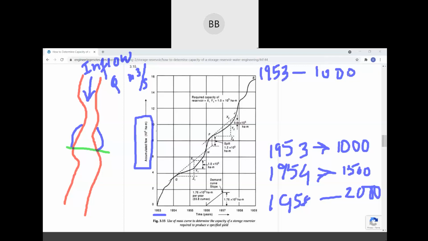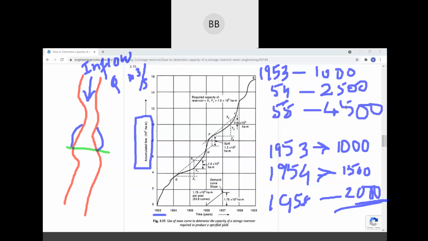In 1954 we have to add 1000 plus 1500, so 2500. In 55 it will be again 2500 plus 2000, 4500, and so on.